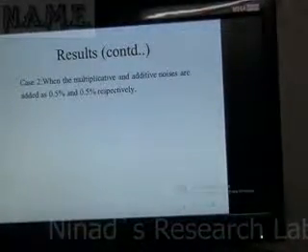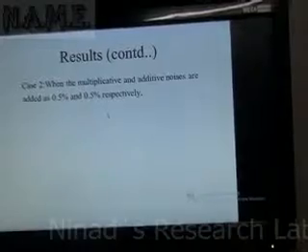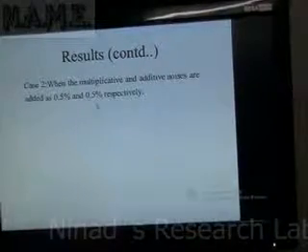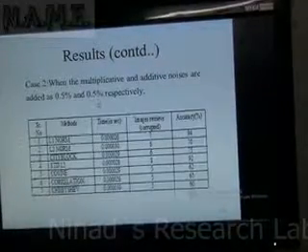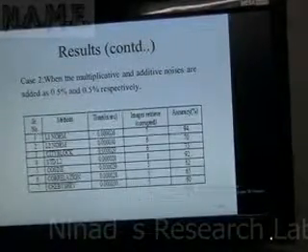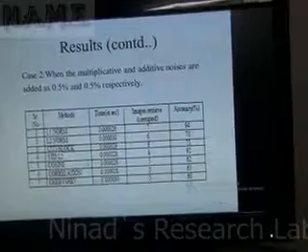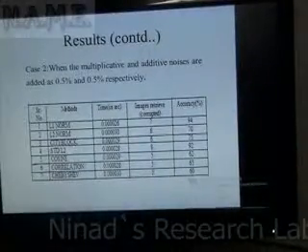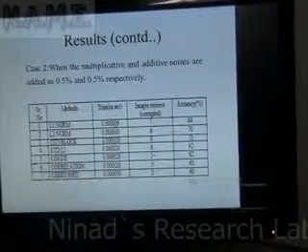And similarly we have repeated the same case where the multiplicative and additive noise both were 0.5%, and we can still see the accuracy with L1 norm proves to be way higher than others, and standardized L2 is quite comparable, but the time for L1 normalized also proved to be better.